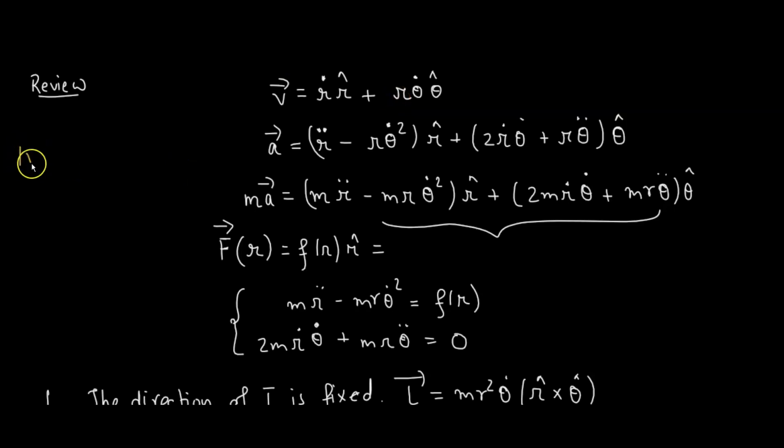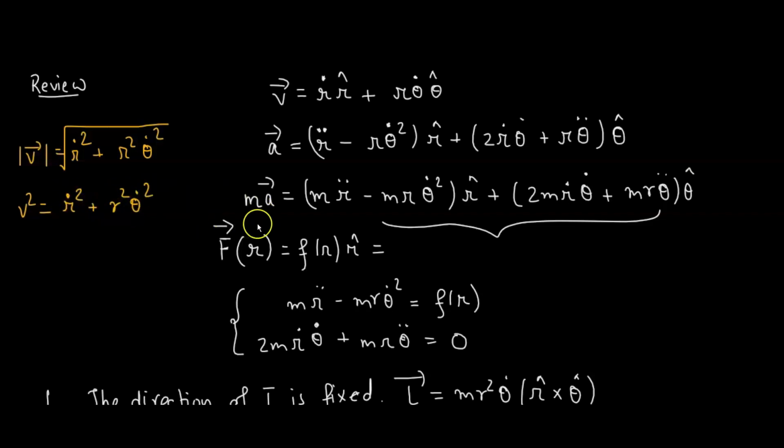So the magnitude of our velocity vector will be the square root of r dot squared plus r squared theta dot squared. If we take v squared, we get r dot squared plus r squared theta dot squared. So we'll be using this in our expression for the kinetic energy.